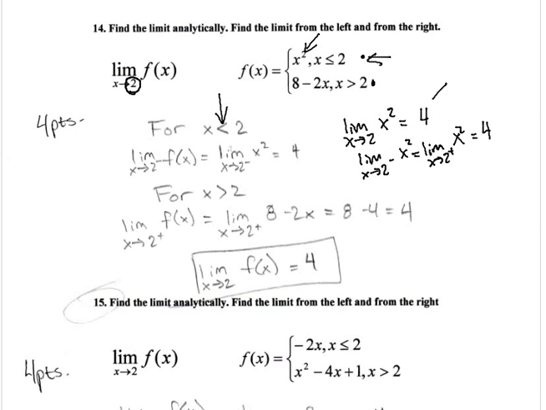In order for a limit to be defined, it has to approach the same value on the left and right. And this fact is what I'm using here: the limit as x goes to 2 on the left of x squared is 4.